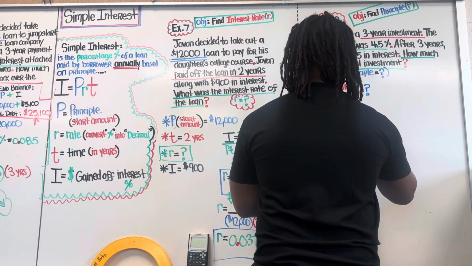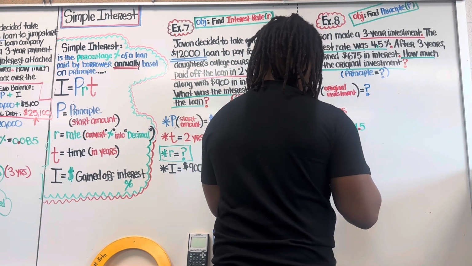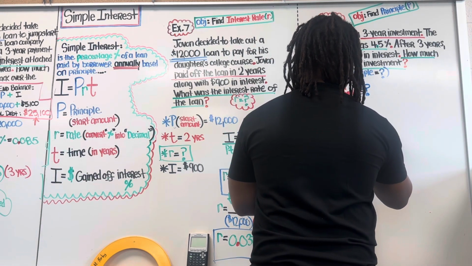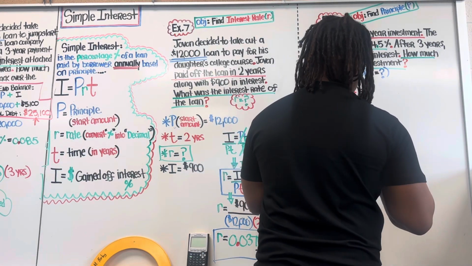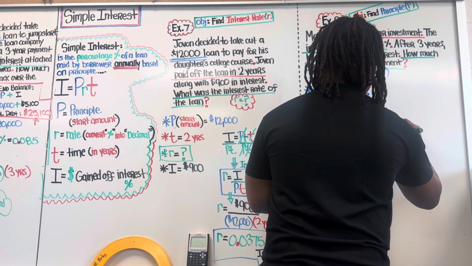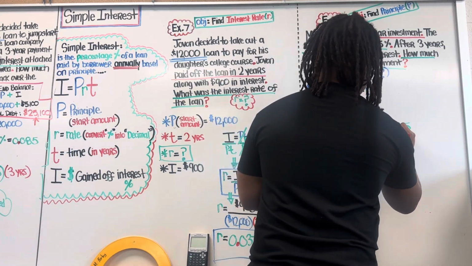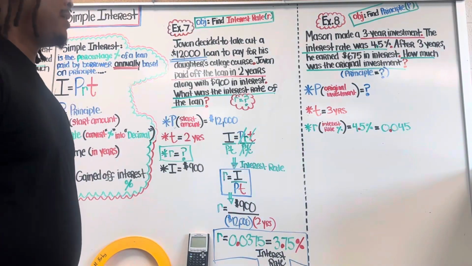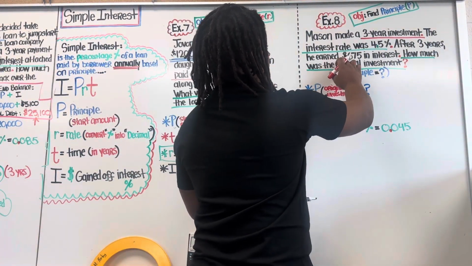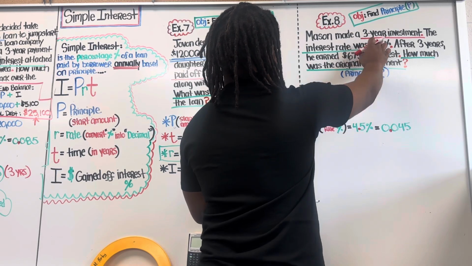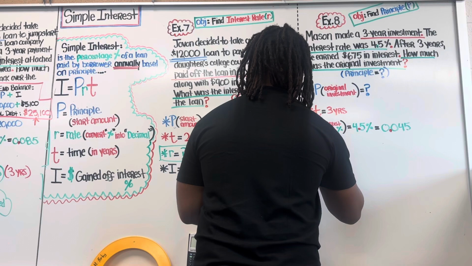But remember, we have to change that to a decimal when we plug it into the formula. So 4.5% equals 0.045. And then they gave us the interest or equity that was earned over the 3 years, which is $675, so that's I.